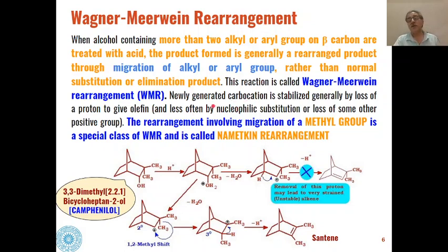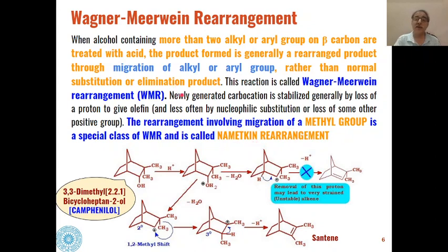The basic theory about the Wagner-Meerwein rearrangement is again the same. The newly generated carbocation is stabilized generally by loss of a proton to give an olefin, and the rearrangement involving migration of a methyl group is a special class of Wagner-Meerwein rearrangement, called the Nametkin rearrangement.